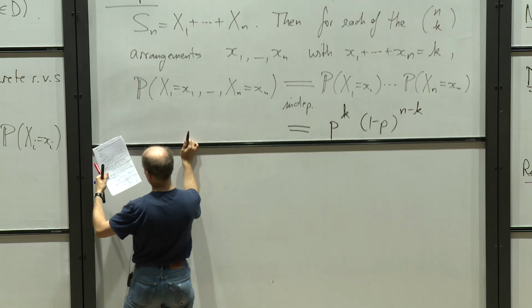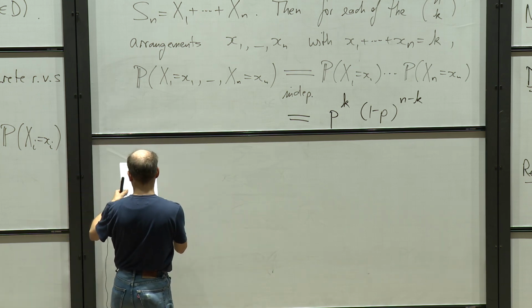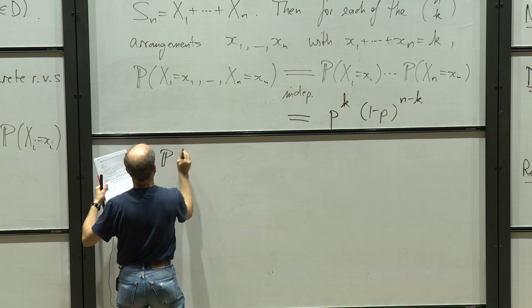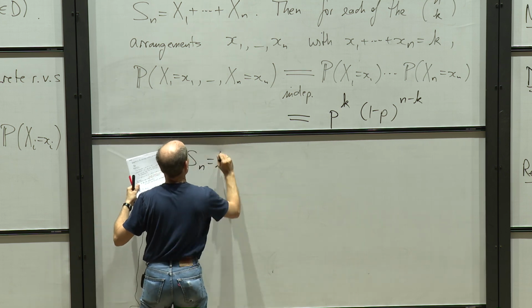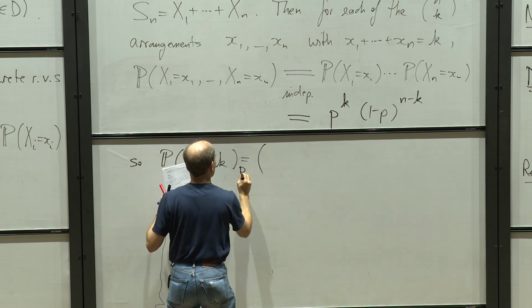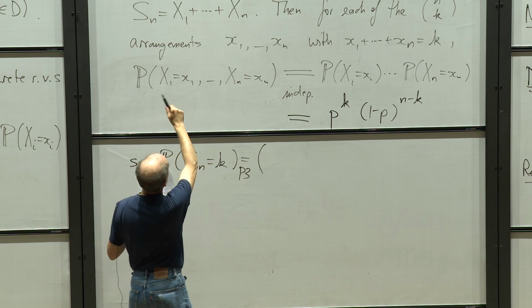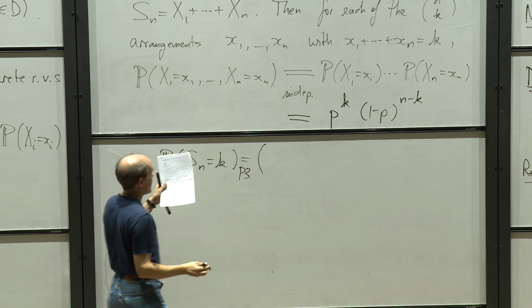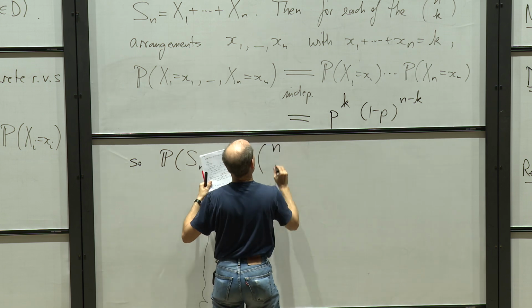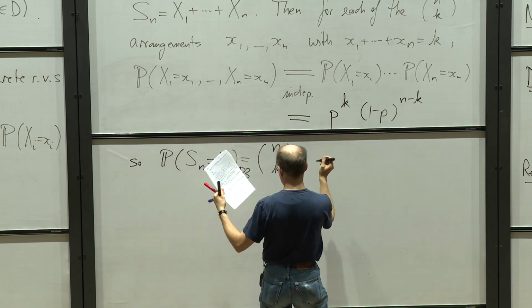Okay, and so pulling the threads together, this is saying that the probability that Sn is equal to k, which is by P3, if you like, the probability of the union of all of those choices of xi. There were n choose k ways of choosing the positions for the ones.